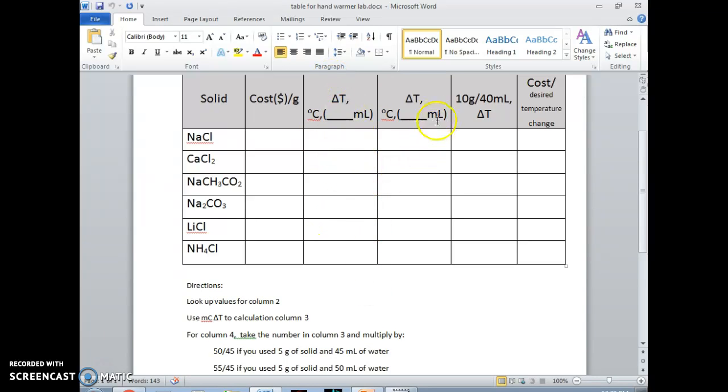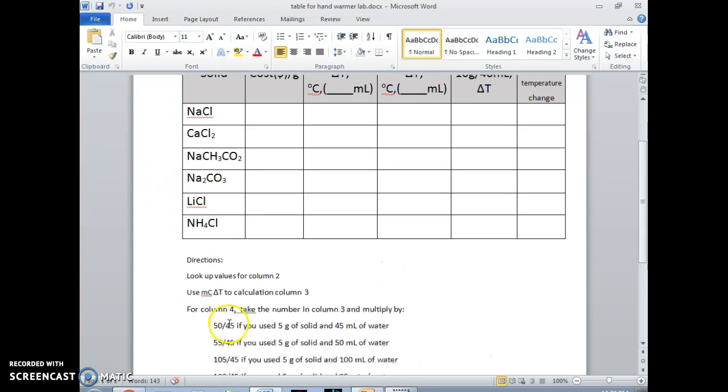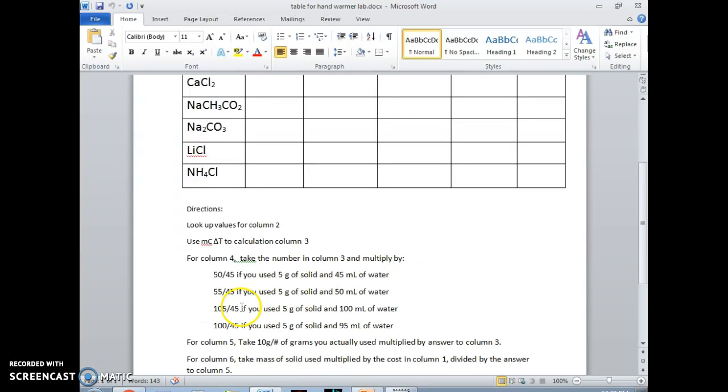Now column 4, you're going to have to multiply by a conversion factor depending upon how much material you used. Look at the 4 scenarios, decide what factor you have to multiply by, and then make that correction for that column. So it'll either be 50 over 45, 55 over 45, 105 over 45, or 100 over 45.